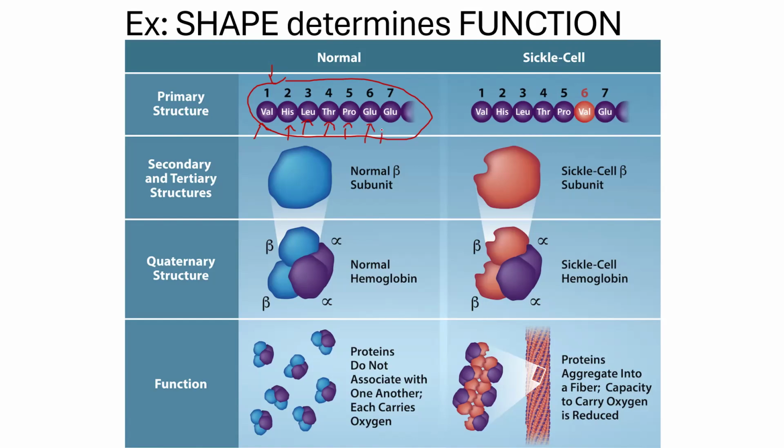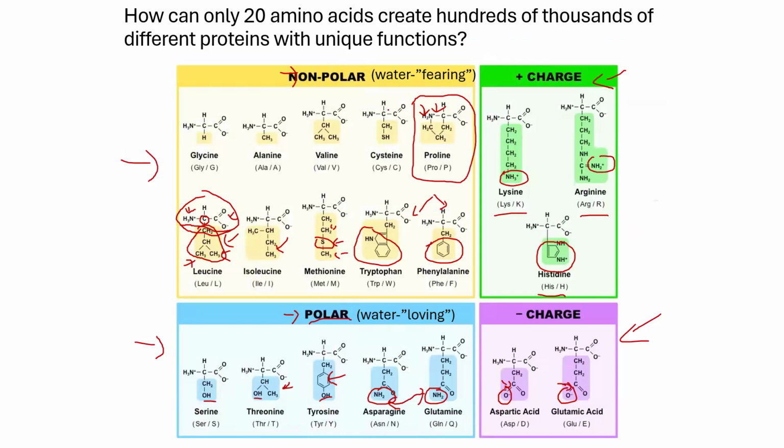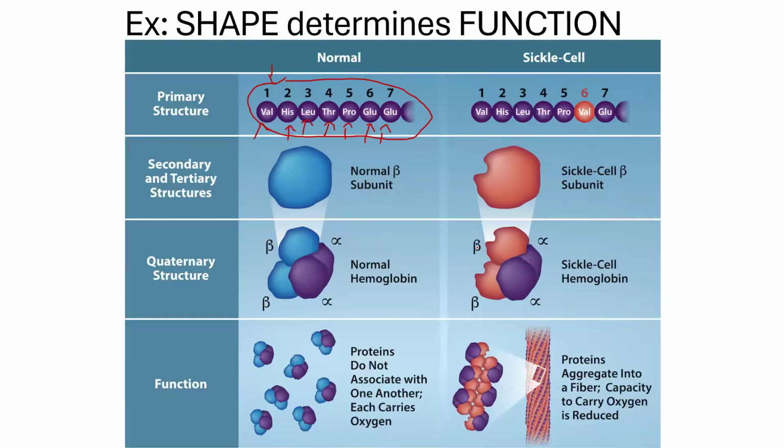Now we have glutamine. Go back, sorry. Glutamine is polar, right? So we have polar, nonpolar, and we have a positively charged amino acid.